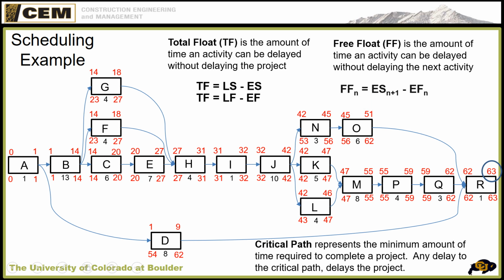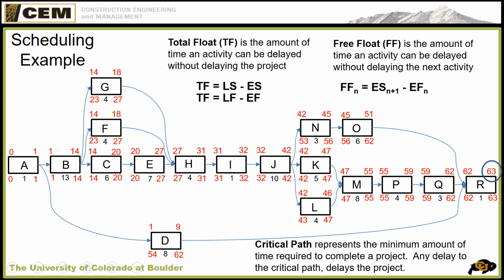Okay, the equation for this would be, if we're looking at L, for example, so if we want the free float of L, then we look at the early start of the next activity and subtract the early finish of this activity. So there's 0 days of free float in this case. Okay?